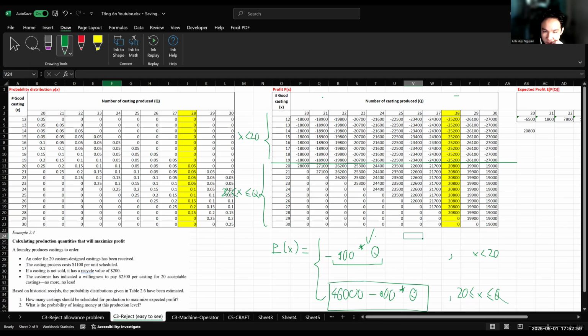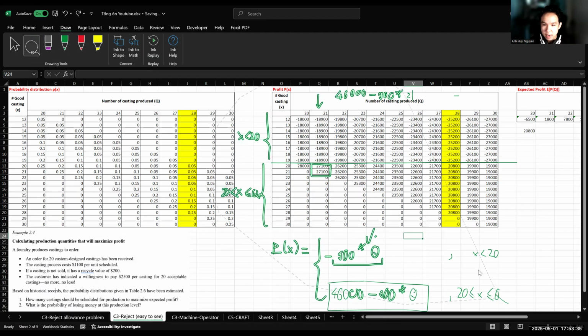So for example, again, if you produce 21, if q is 21, then the equation will be 46,000 minus 900 multiplied by 21, and you will receive 27,100. That's it. The same for these guys, okay? And again, these cells are zero. The reason I have already explained in the previous part, so I won't re-mention it.